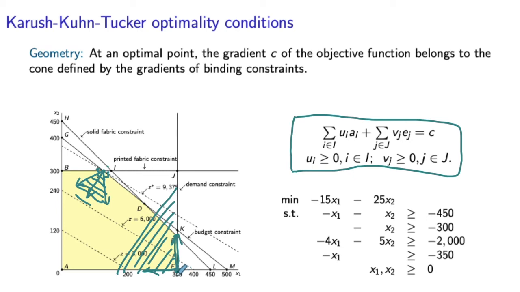At the same time, the gradient for the objective will point in this direction, and clearly it doesn't belong to this cone. So this point cannot be optimal because it doesn't satisfy the optimality condition.